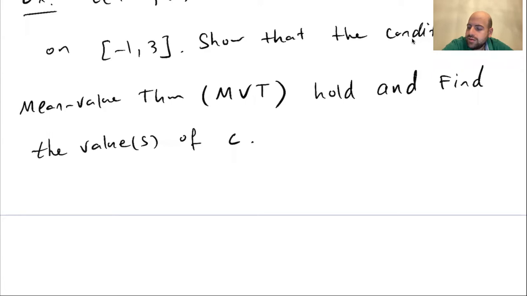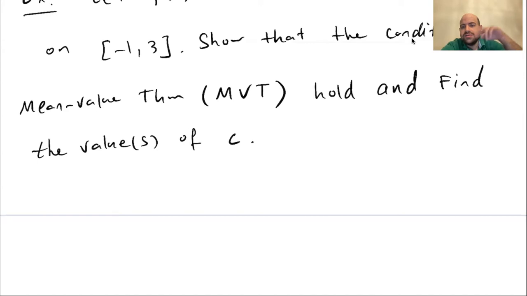Okay. So what are the conditions of mean value theorem? The function has to be continuous on the closed interval, differentiable on the open interval. That's all. For Rolle's theorem, it was this condition plus f of a equals f of b, but we don't need f of a equals f of b for mean value theorem.